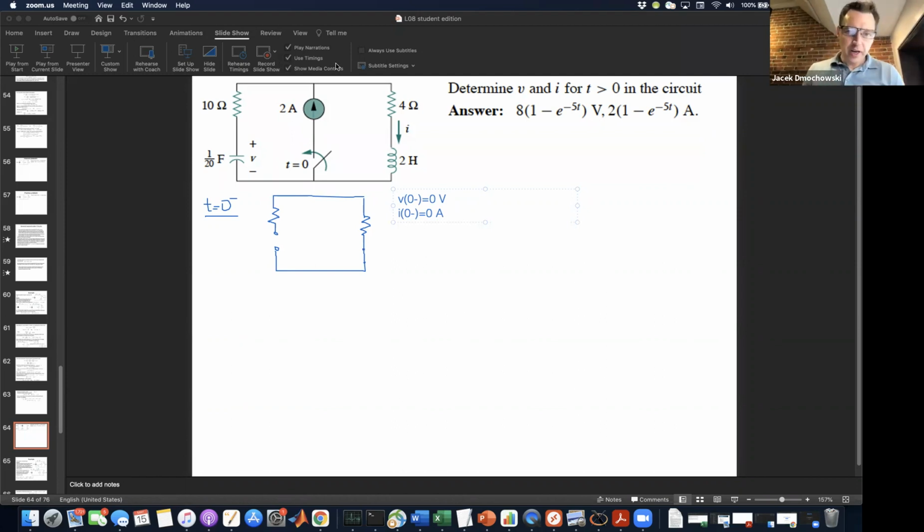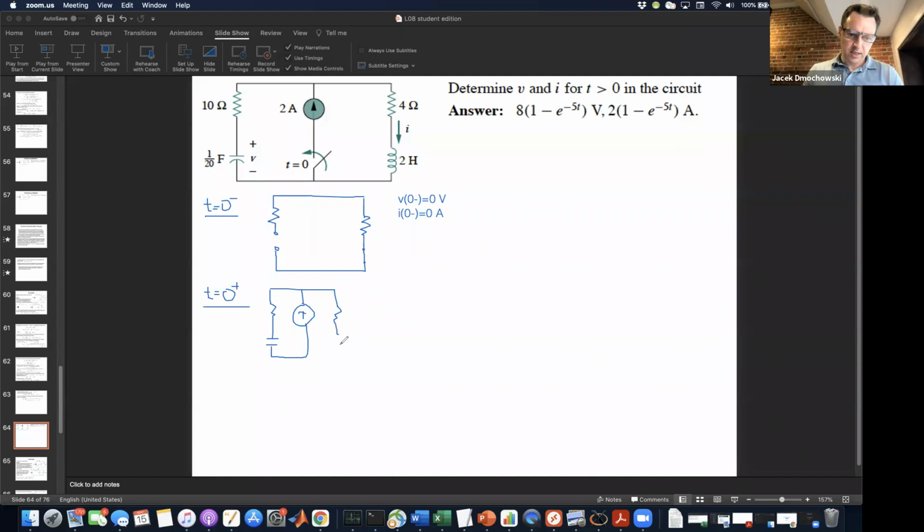Next, we move on to just a smidgen of time later, time equals 0 plus. The difference here is that the capacitor is now not in steady state, and the current source is active because the switch below it is now closed.